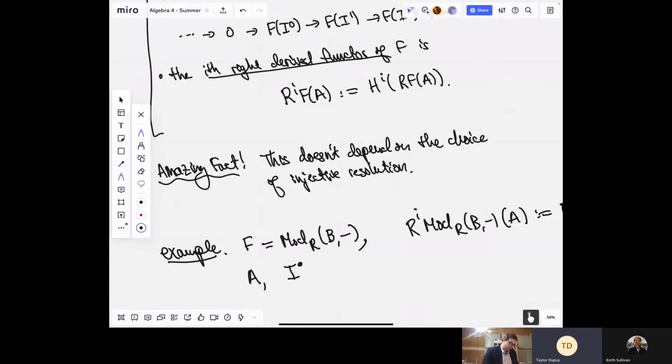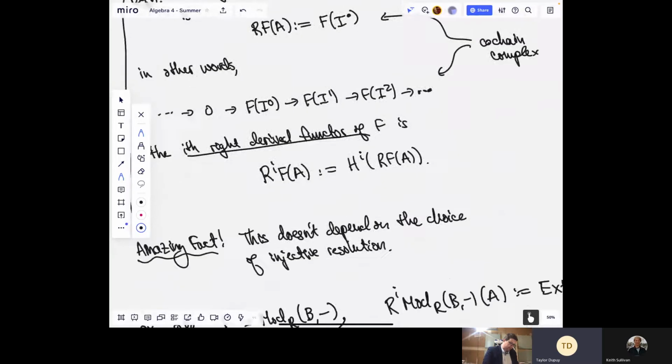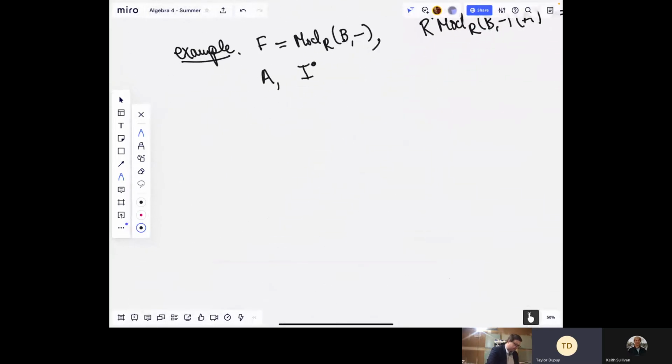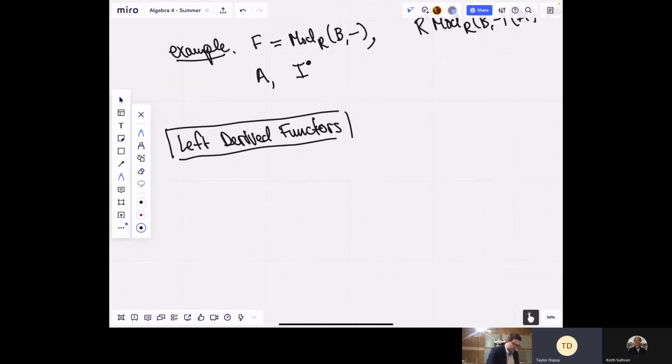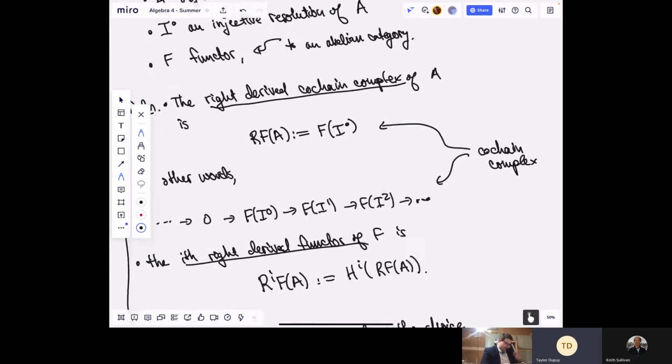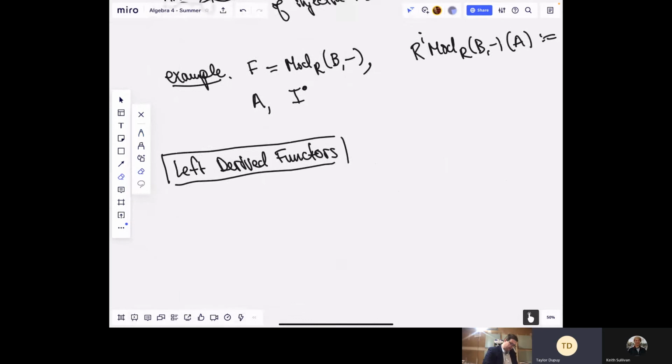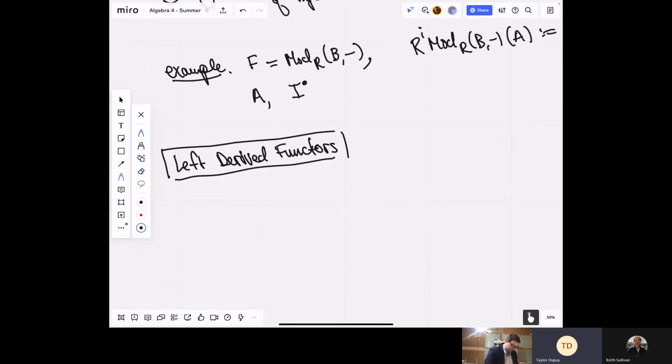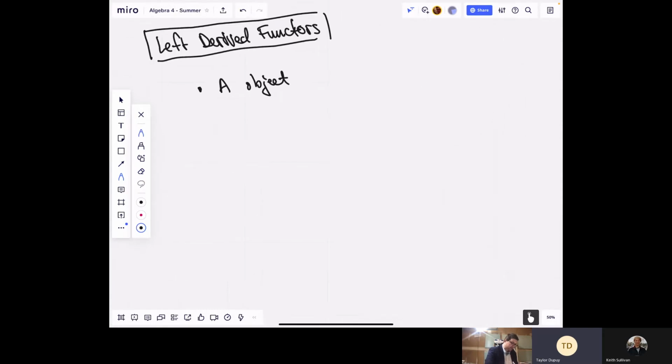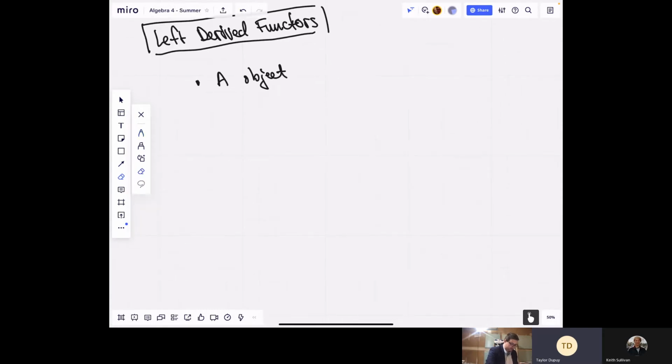Okay, all right. So let's do some left-derived functors. Left-derived functors are like our Tor ones. It's going to be the same recipe. We're going to take an object A, and instead of an injective resolution, we're going to take a projective resolution.